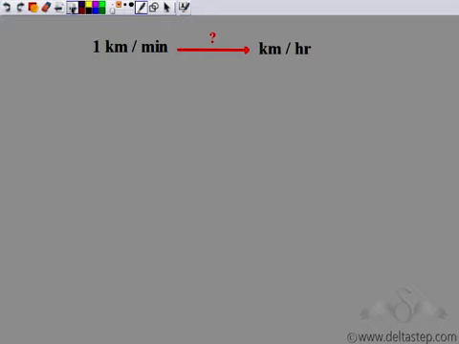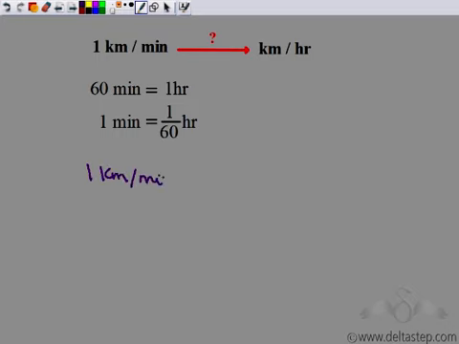Now another way to get to that is, we know that 60 minutes is equal to 1 hour. So 1 minute would be equal to 1 by 60 of an hour. This is what we already know. So what we can do is, let's write 1 kilometer per minute. Now 1 kilometer per minute is equal to 1 kilometer by minute.